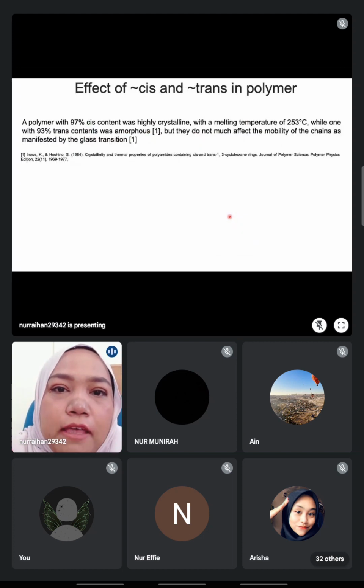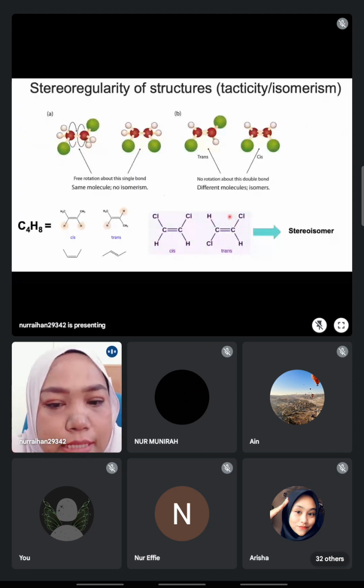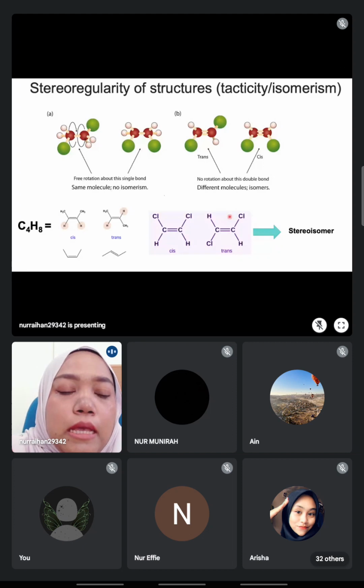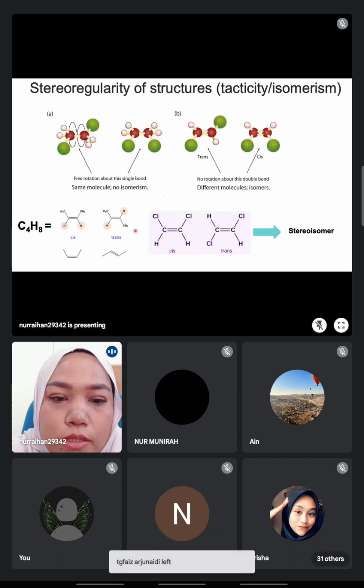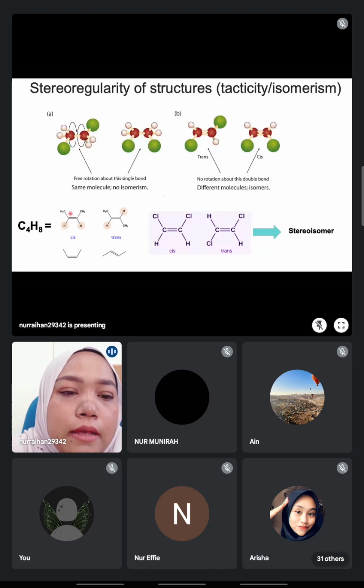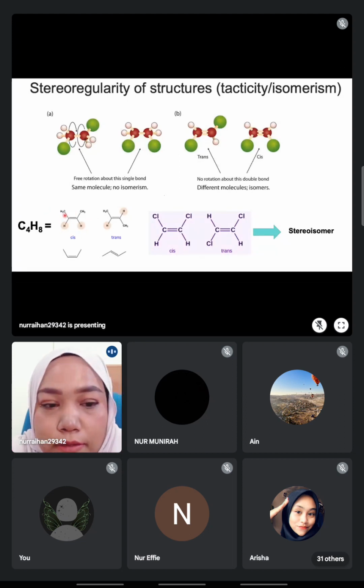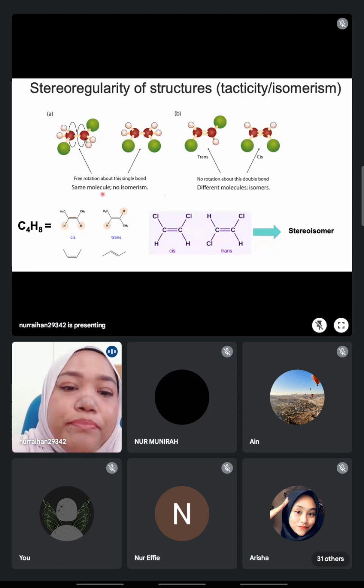So what is the effect of cis and trans in a polymer? As you can see from here, when there is a different arrangement of the polymer, you can have different properties between the cis and the trans. Let's say for the cis, the bulky functional group will be on the same side.